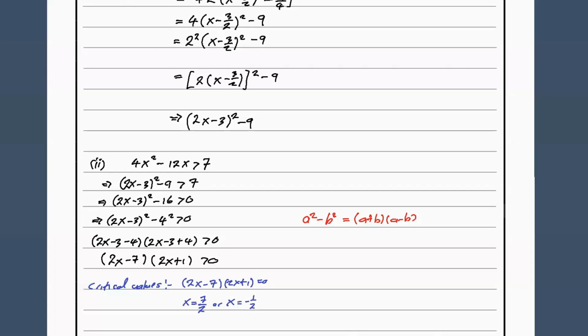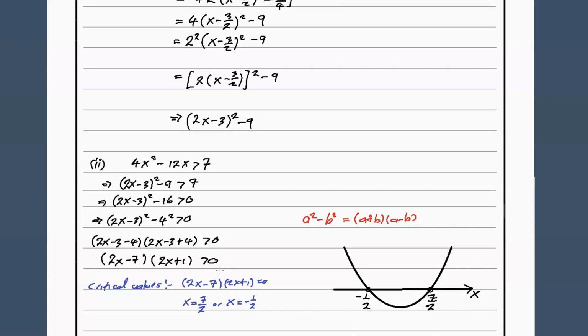Okay, so essentially here we will be having the curve like this. Here's the x-axis, and it's going to be a U-shaped parabola. So we know that it is going to be like this, and it intercepts the x-axis at 2 points, the critical values, minus a half and 7 over 2.